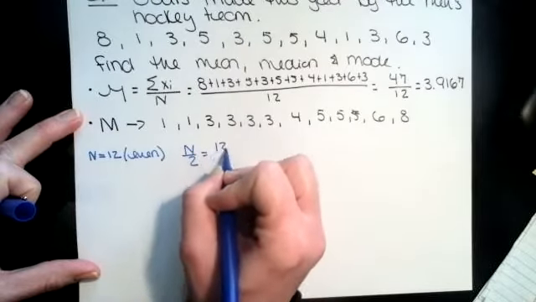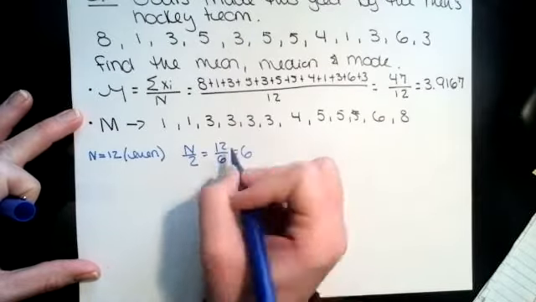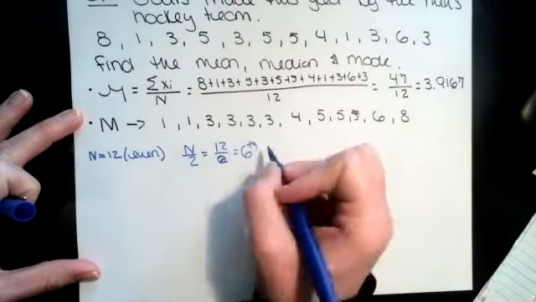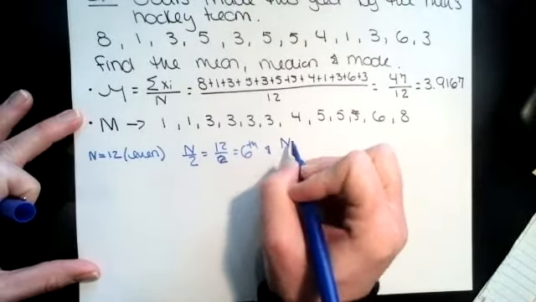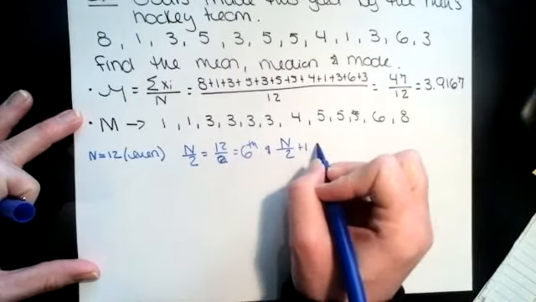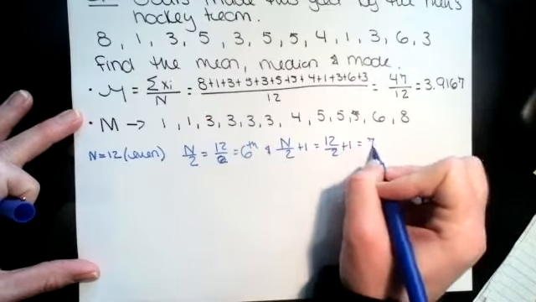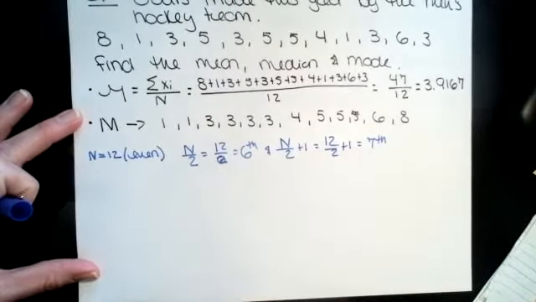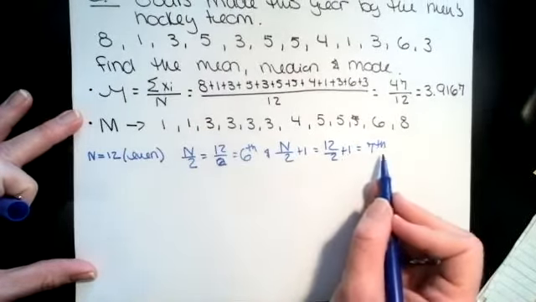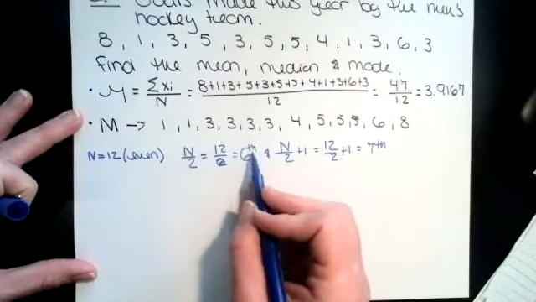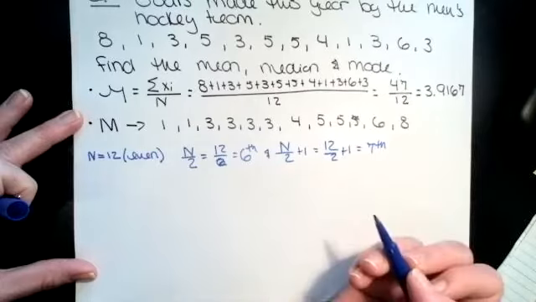So 12 divided by 2 is the 6th position, and n divided by 2 plus 1 is the 7th position. I don't want you just to write 6 and 7 because then people average 6 and 7. Make sure you understand it's the 6th position and the 7th position.